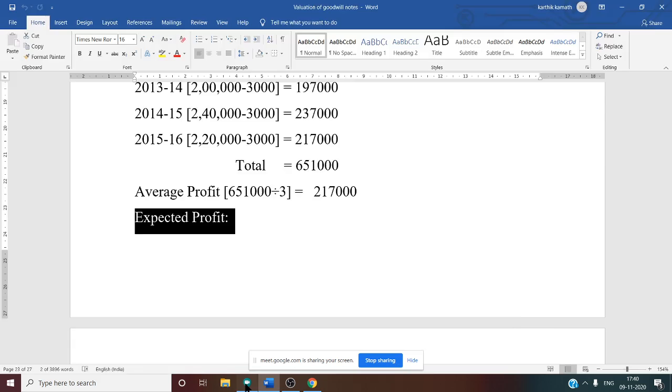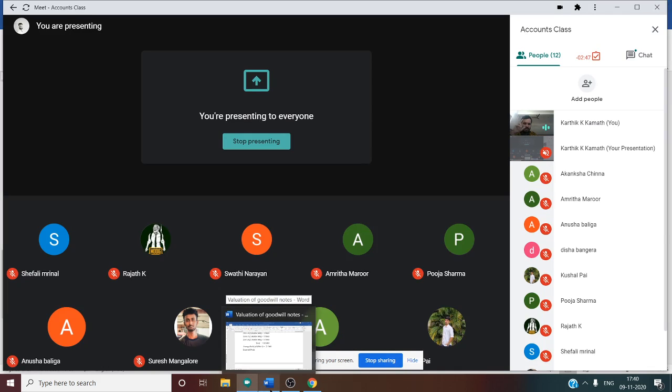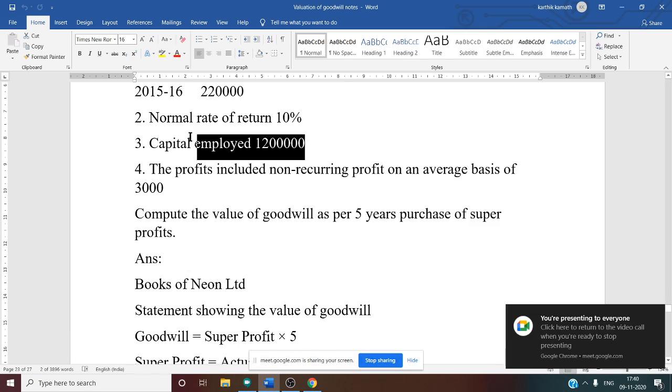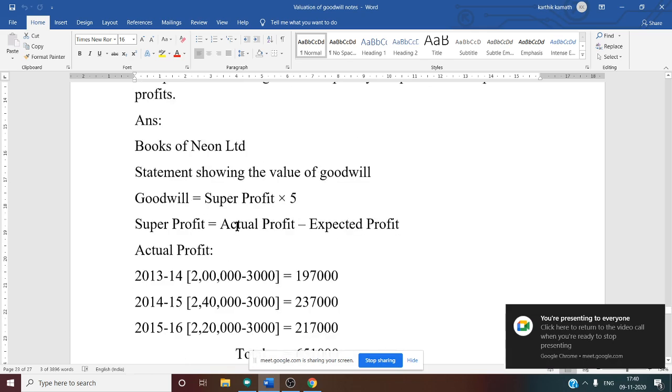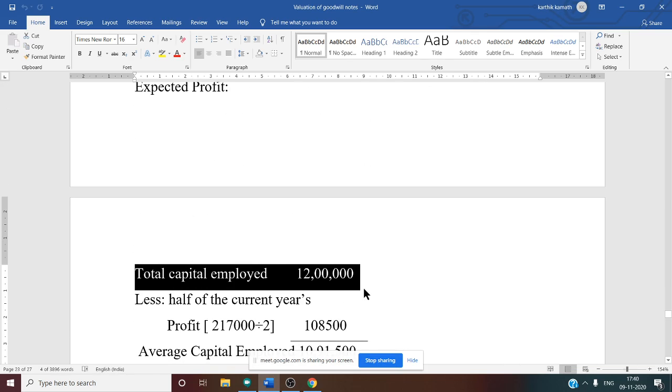For expected profit we follow the capital employed method, but in this problem the capital employed is directly given, that is 12 lakh. But we want average capital employed, which is total capital employed minus half of current year's profit.